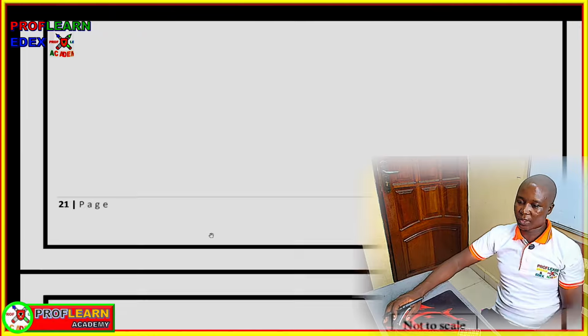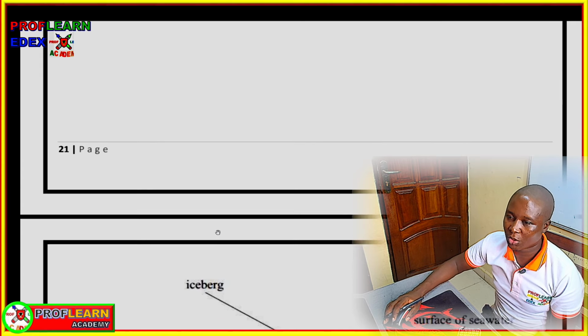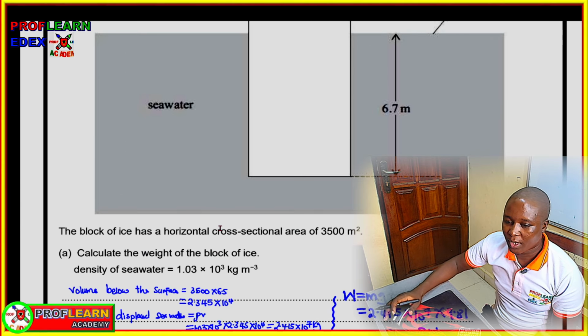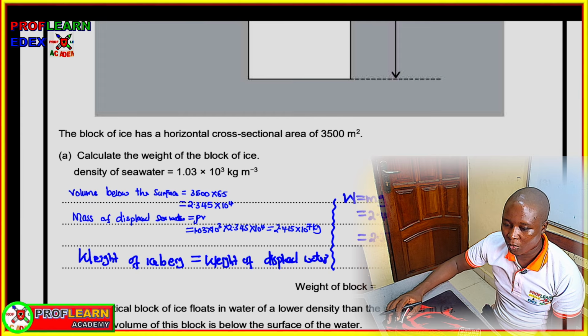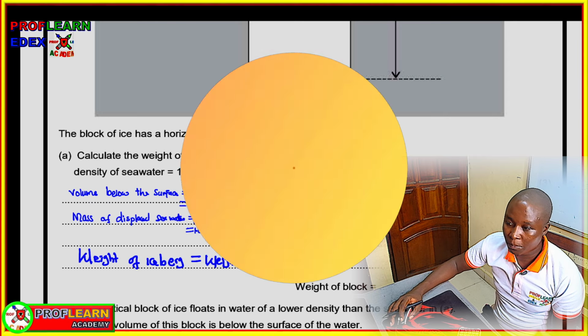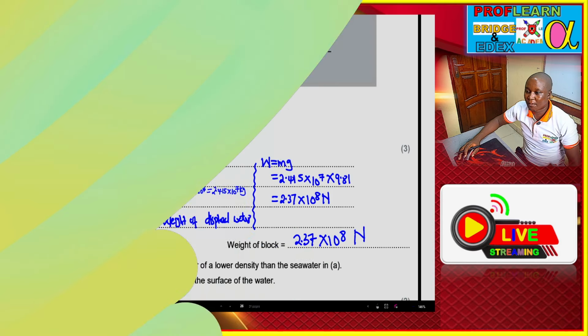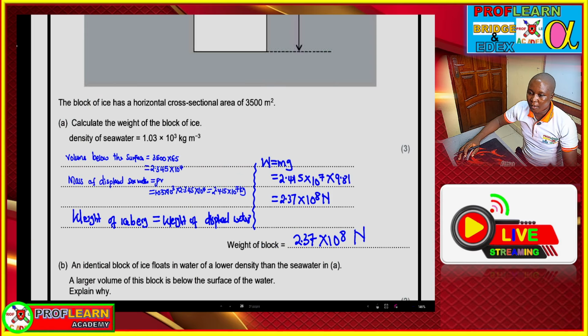So let's move to the law of flotation. When objects are floating in fluids, something that we need to put into consideration is that an object displaces its own weight.